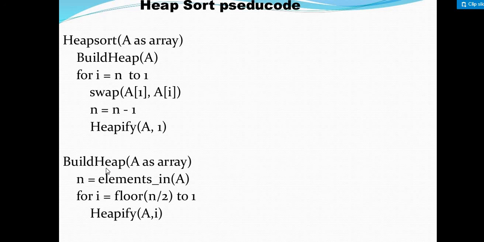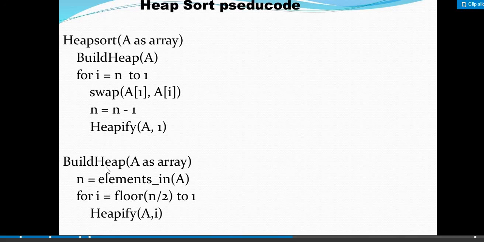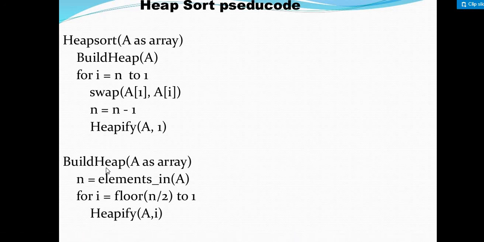And how the sorting will be done is explained again. We always remove the top element, and it will be shifted to the last position. In the second step, the second top element will be removed and shifted to the second last position.